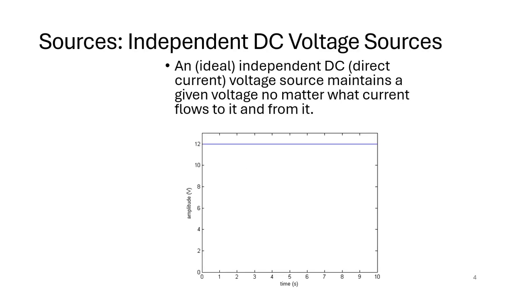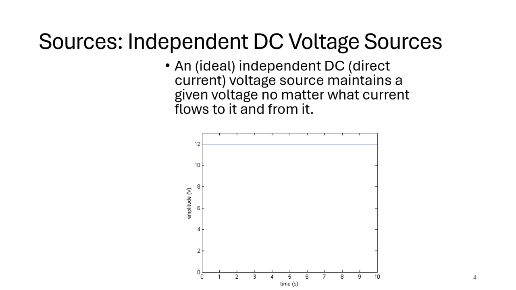Now, when it comes to independent DC voltage sources, and more specifically, ideal independent DC voltage sources, and by the way, DC stands for direct current, in case you don't know that. At any given instant in time that you're looking at the voltage across 2 points in an independent DC voltage source, that voltage is steady.